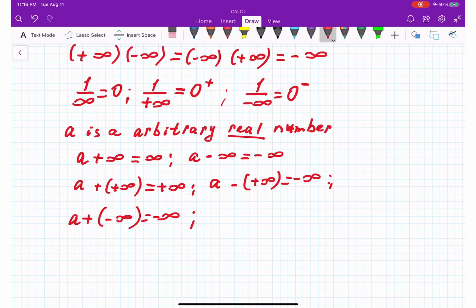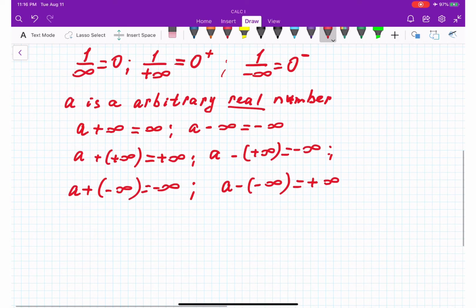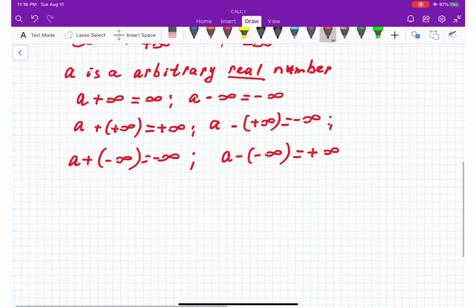And a minus negative infinity. So my negative, once you open, becomes positive, right? So it's going to be equal to plus infinity. Okay. Now let's look at when a is greater than 0.